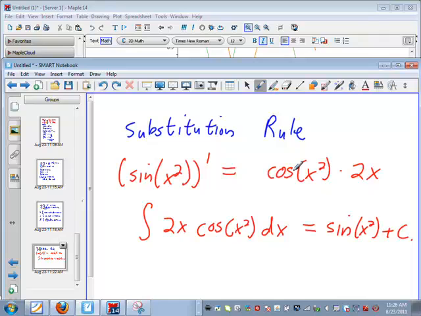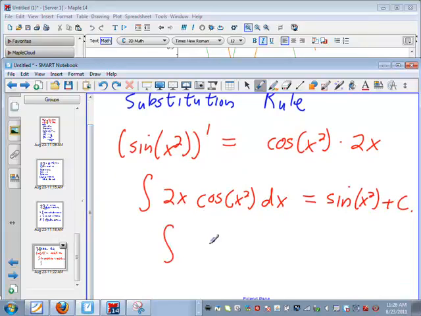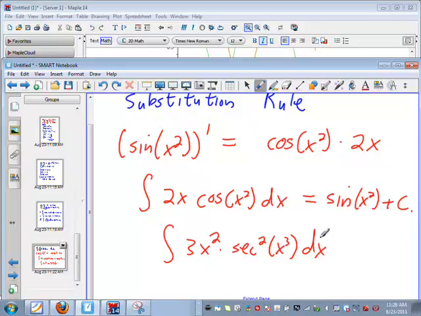Given that, in a very similar way, we should have no problem with the antiderivative of 3x squared times secant squared of x cubed. Again, the chain rule fleshes out the derivative.